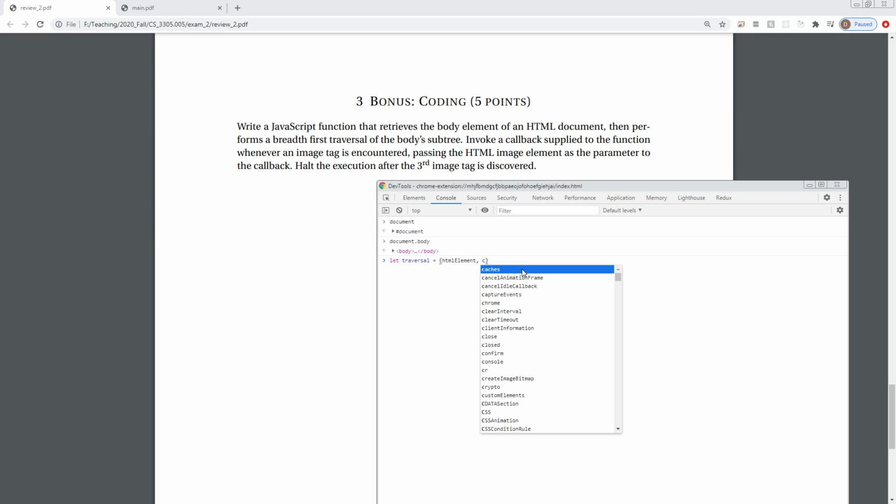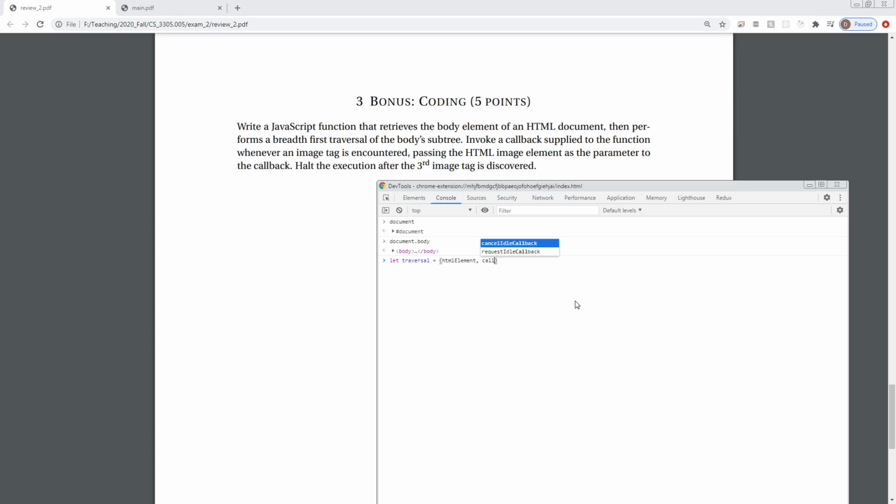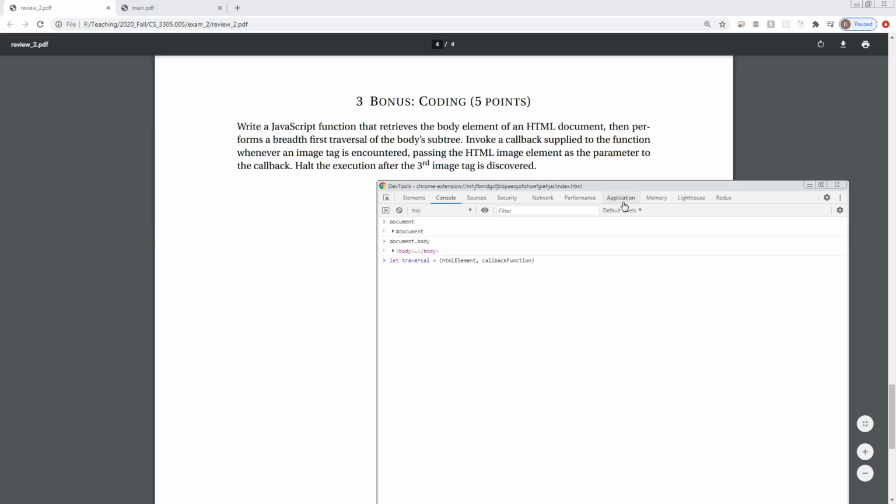It has a callback function, and whenever we encounter an image tag, we pass that element into the callback.